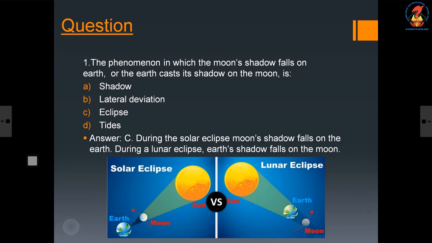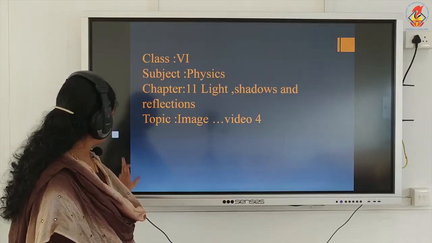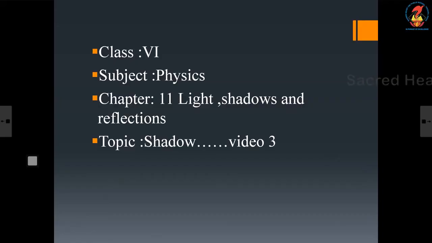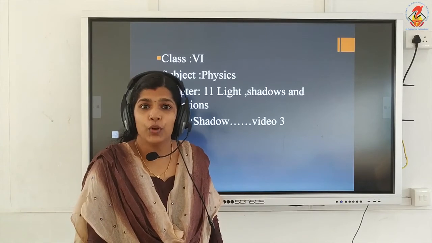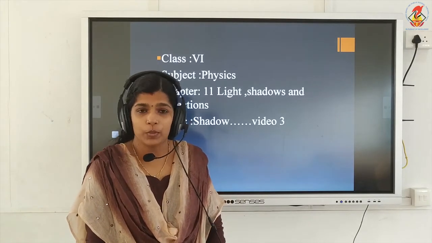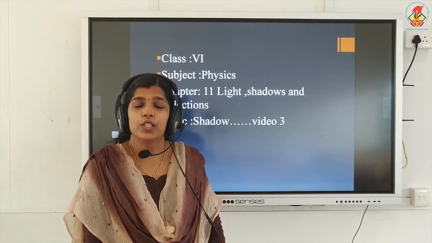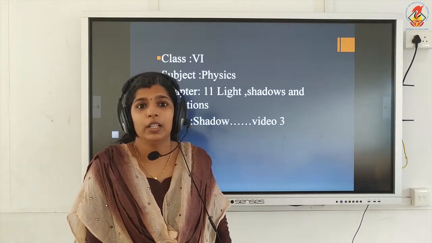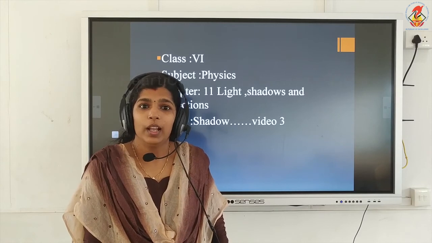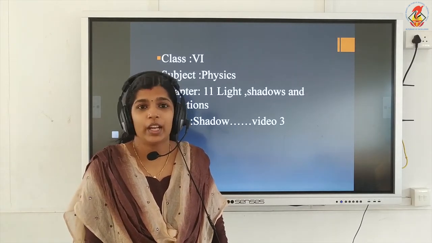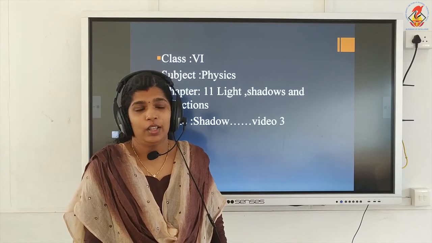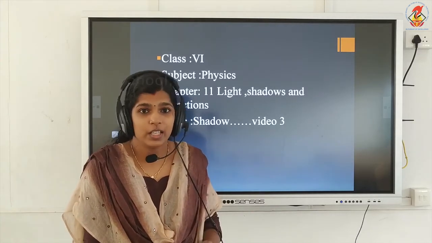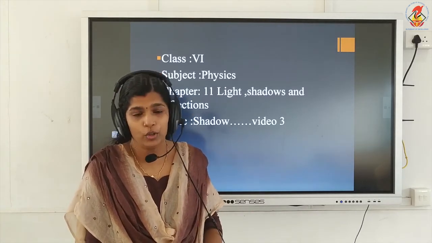Okay. So, what is shadow? Shadow is a dark patch formed by an opaque object when light falls on it. Actually, the opaque object will block the path of the light and you will get a shadow on the screen. So, three conditions are necessary for the formation of a shadow.